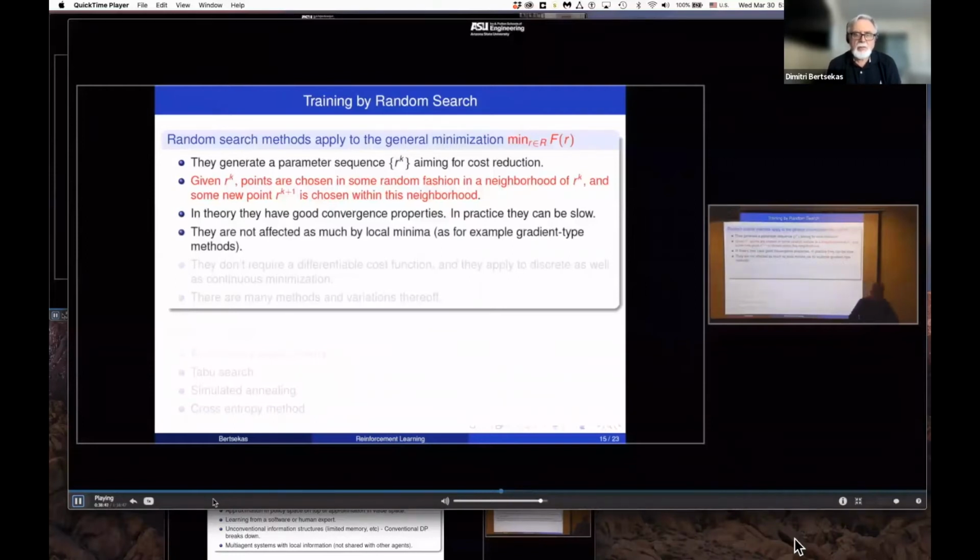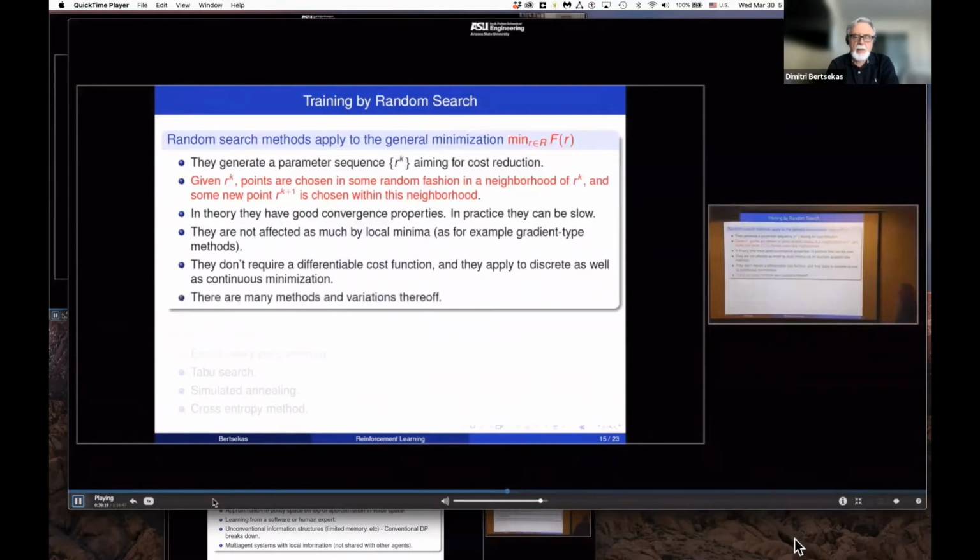In other words, in theory, this method can find the global optimum, approximate the global optimum arbitrarily closely, given a sufficiently large number of random points or iterations. They don't require a differentiable cost function either. Anything goes here, actually. There are adaptations of this method for discrete space, for continuous space, for non-differentiable cost functions, and so on. And let me give you some examples of methods like that you may have heard.